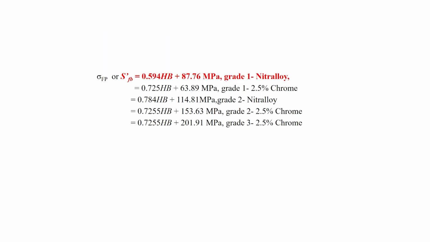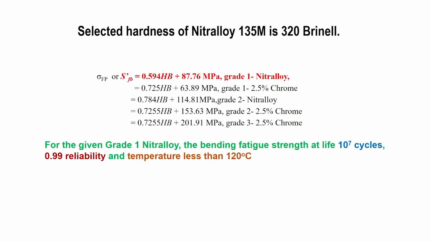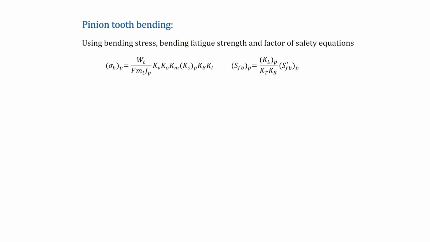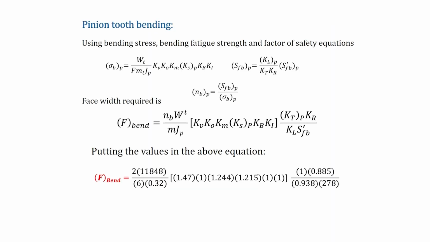So, we got the bending fatigue strength with this formula, and this is for 10 to the power 7 number of cycles, 99% reliability, temperature less than 120 degree, and thus it comes as 278 megapascal. Now, it will be corrected with the help of the life correction factor, temperature factor, and the reliability factor, which we have already determined.